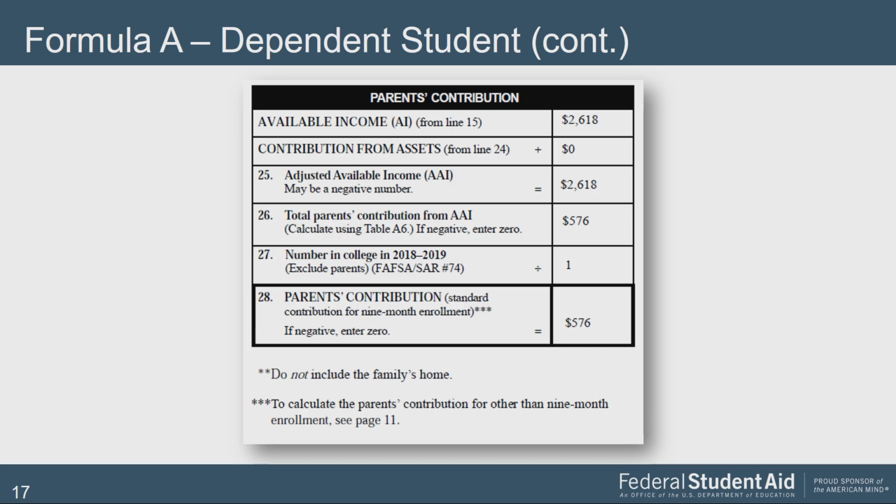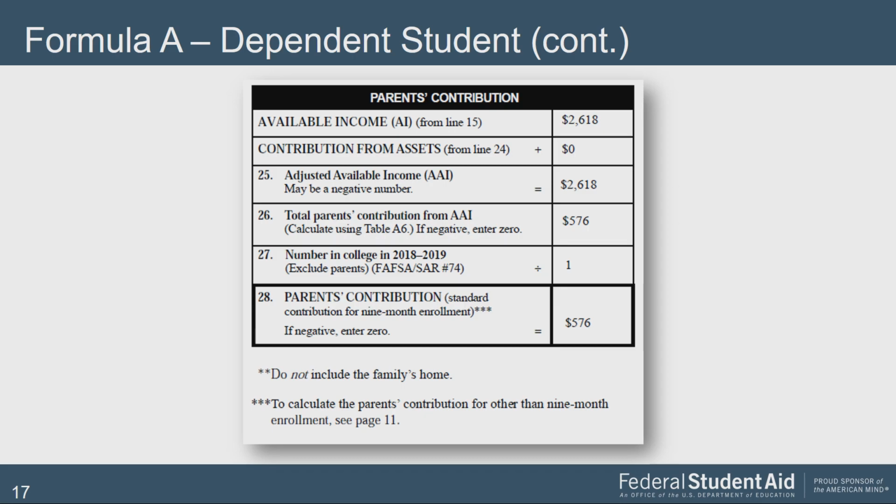And then the most dramatic effect on expected family contribution, as you all know, is to divide that number, because that's the amount that the parents can pay for children in college, and it has to be divided by the number of children who will be in college at the same time. In this case, there was only one, so the $576 just carries down.